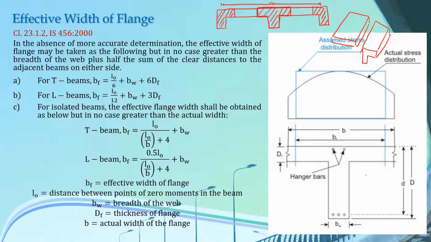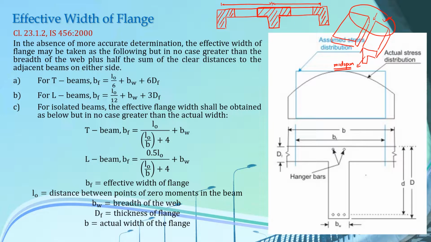So let's say that I have divided this beam and the slab portion here, and this is the support point, this end, whereas this is the mid span of our beam. This is towards the mid span. So what generally happens is that in this support area, at the support edges, there are no longitudinal compressive stresses in the flange. But at mid span, the flange is subjected to full compression.